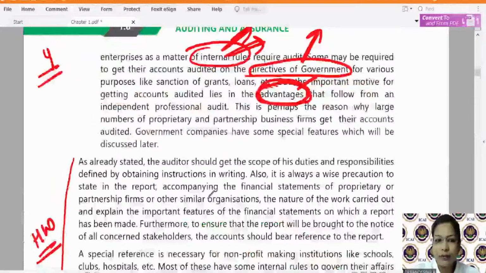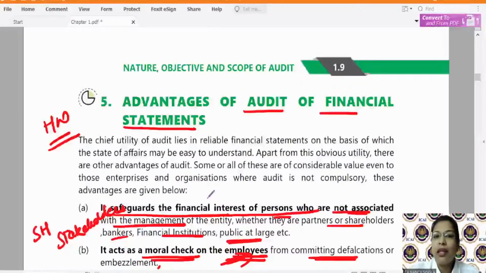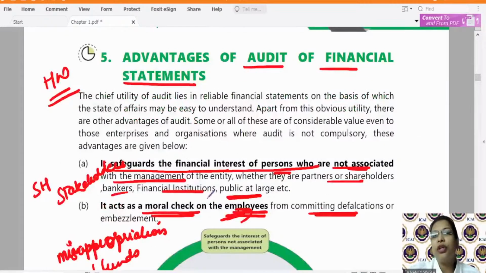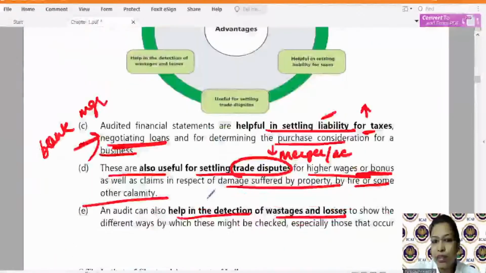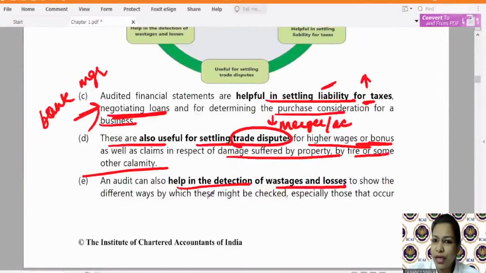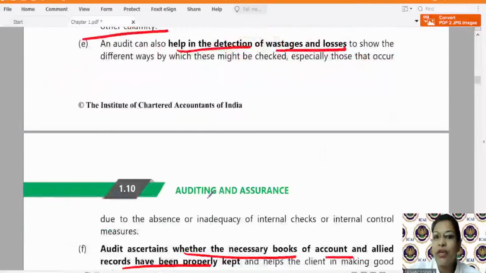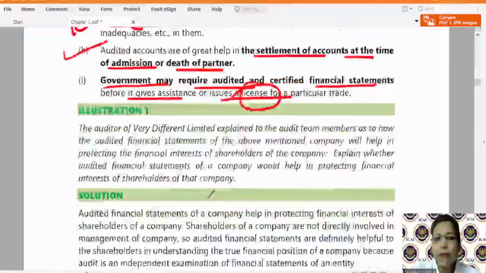Types of audit. Then we saw the advantages of audit of financial statements. So who all are the users of the financial statements, the benefits, the advantages will accrue to them. So like shareholders, employees, settlement of trade disputes, settlement of liability for taxes, settlement of accounts in case of partnership firm, right? Wastages and losses, right?